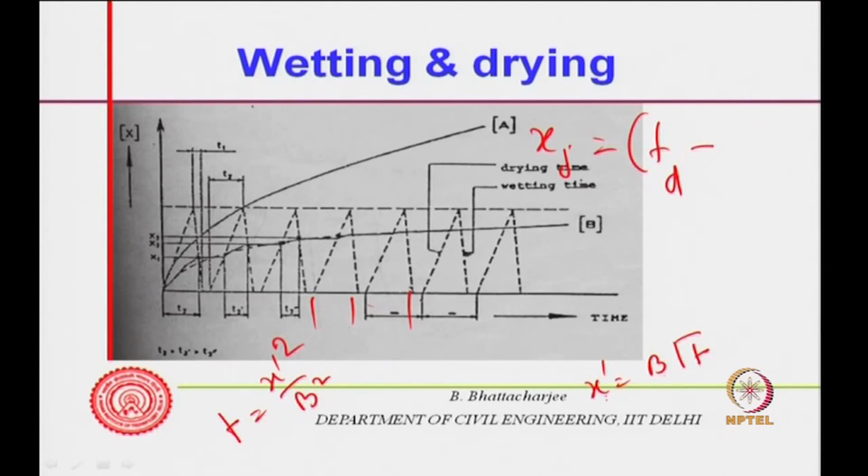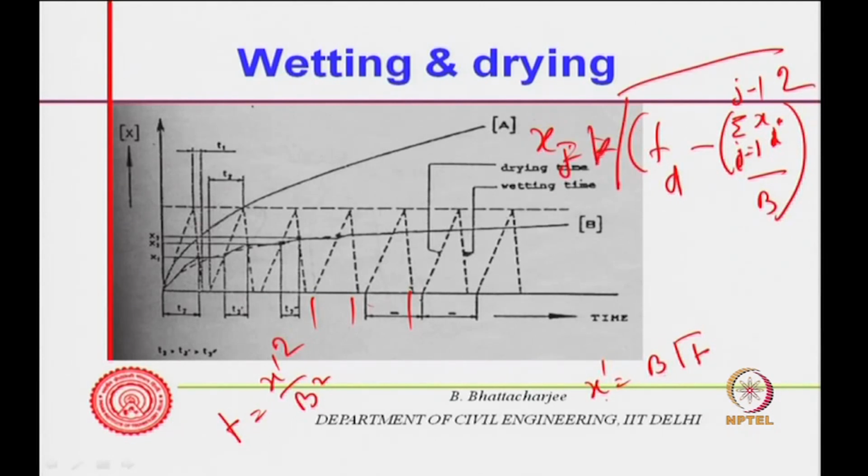Length over T to the power half, so length per unit T to the power minus half. So, therefore, this would be simply the sigma of x j going from 1 to j minus 1, divided by B squared, and the whole of this thing should be under root, multiplied by k.